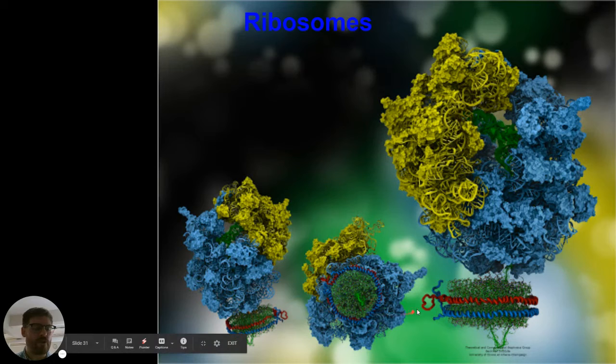But you should notice a few different things. There's multiple different colors. The different colors indicate different pieces or different chains of proteins, and they're all fused together. We have a big top section up here and then a smaller bottom section. So this has two subunits to it. You can see there's a hole right here, and that's where that mRNA is going to pass through. This green area is sort of the active site.